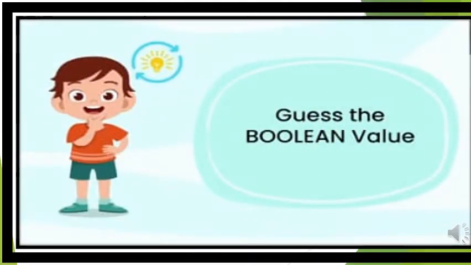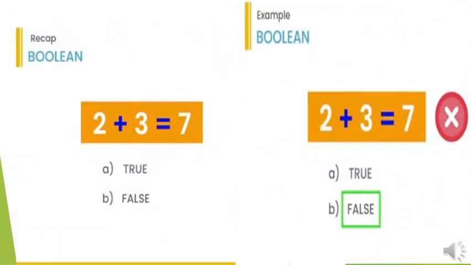And also we have covered an activity with these Boolean values. Now we will guess the Boolean values. We will be given a statement like this: 2 plus 3 equals to 7. We need to guess the Boolean value for this. So we need to check whether the given statement is true or false. First, 2 plus 3 equals to 7.